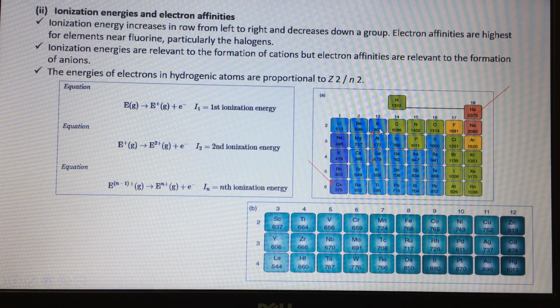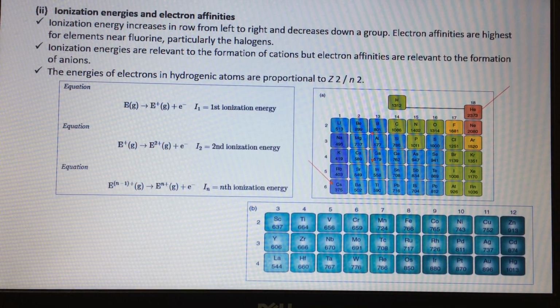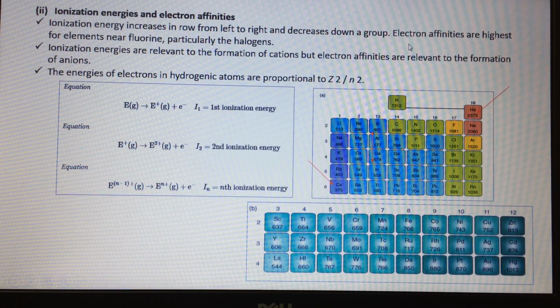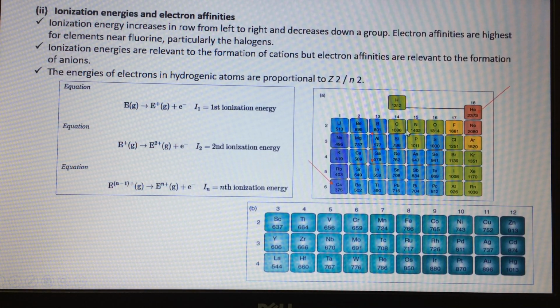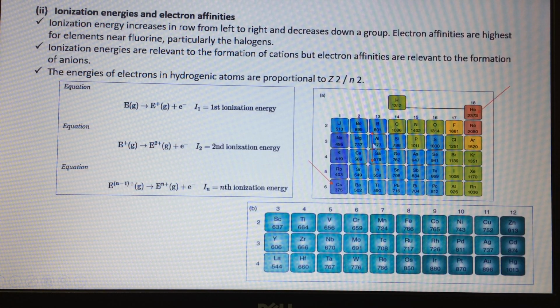If you see here, aluminum and gallium trends are a little bit different. Why? As you know, the trend is that ionization energy increases across a row from left to right and decreases down the group.